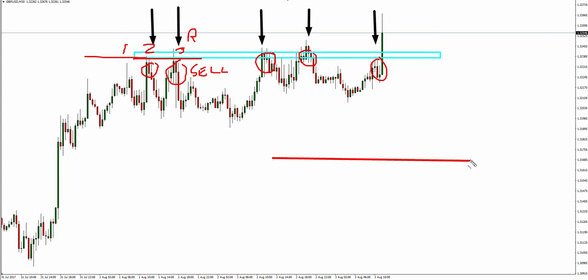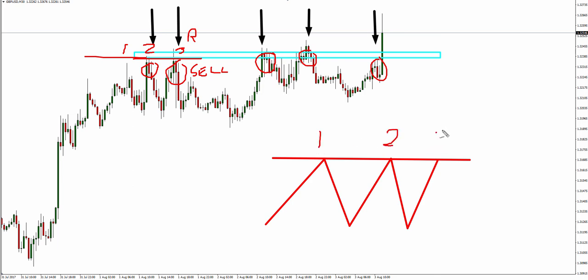So here's a level as an example. Price comes up, comes down, comes back up. Let's say it's a double, anything from double top onwards, and when it comes back into the third touch, the trader's primed to look for any clues for price to start selling off at the level, right?